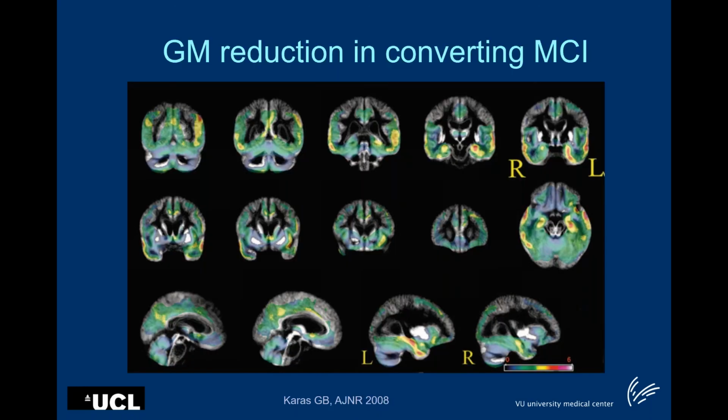We were discussing how you can predict who will move on from MCI, for example, to dementia. And we talked about some medial temporal lobe structures already, entorhinal cortex, hippocampus. Here's a VBM study that we did to compare, within a group of MCI patients, whether gray matter density reduction could predict conversion to Alzheimer's disease.